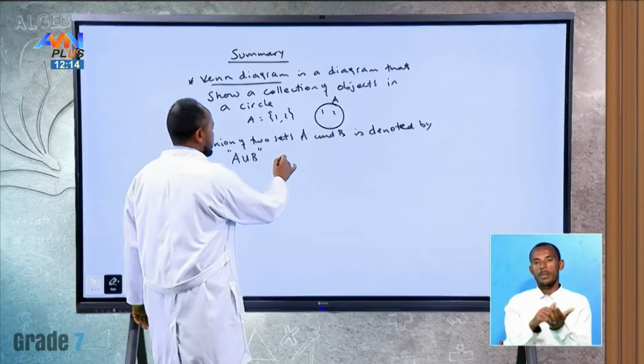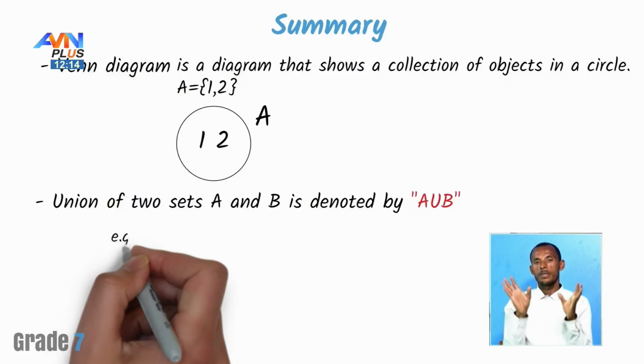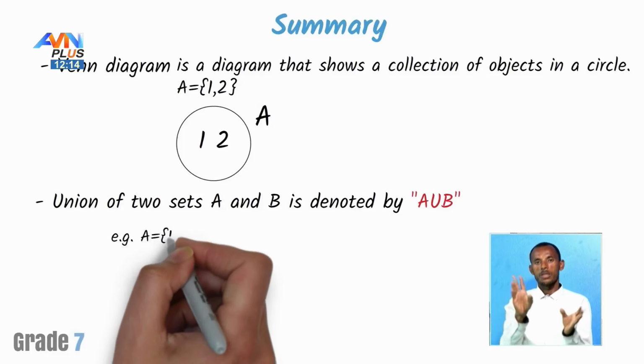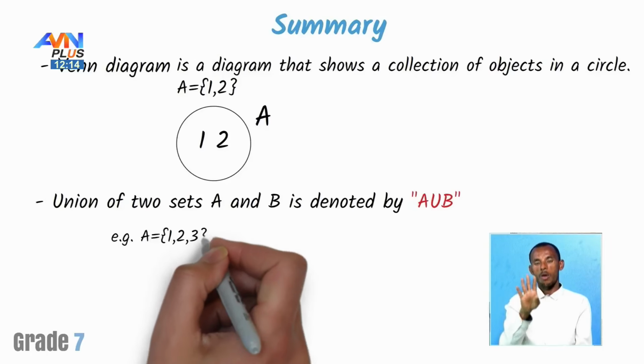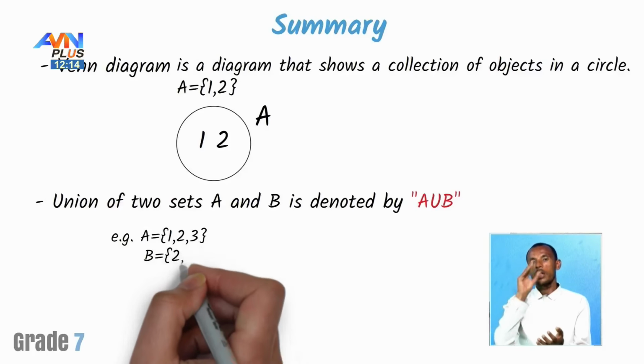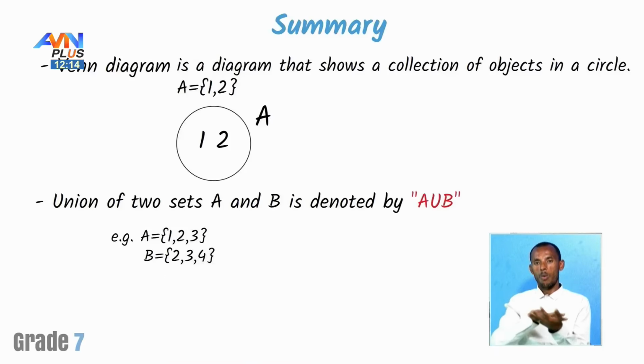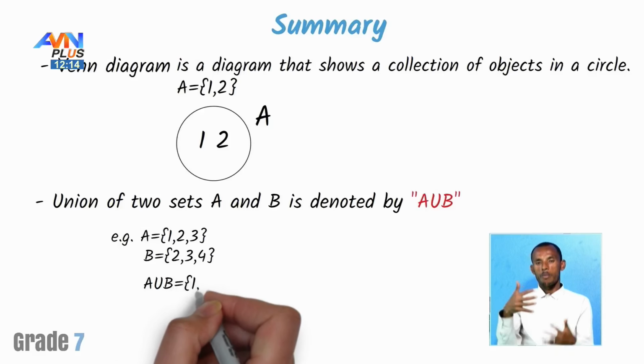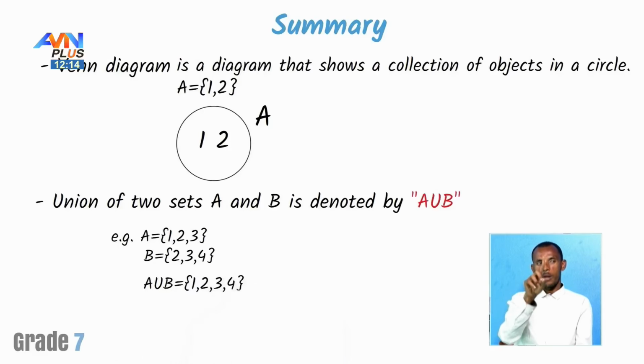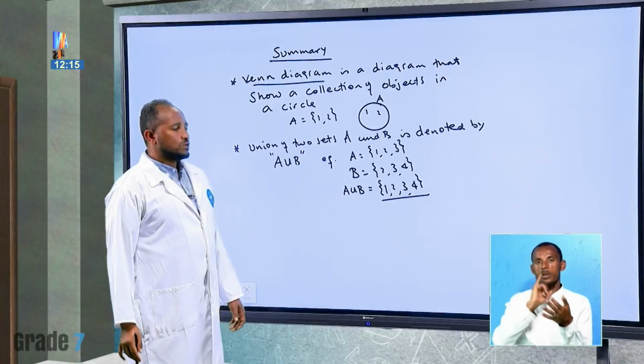So, for example, if you have set A containing the elements 1, 2, and 3, and set B containing the elements 2, 3, and 4, then A union B is equal to, simply you mix the elements, 1, 2, 3. We have written 2 and 3 here, so no need of writing again. So simply add 4. Therefore, A union B is 1, 2, 3, and 4.